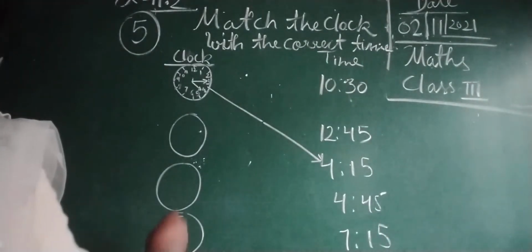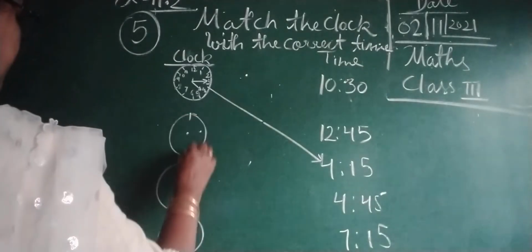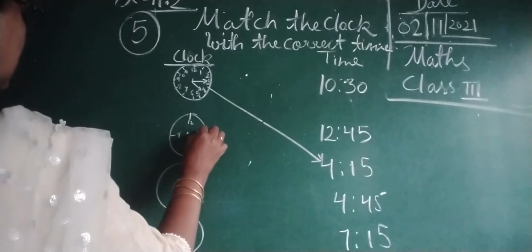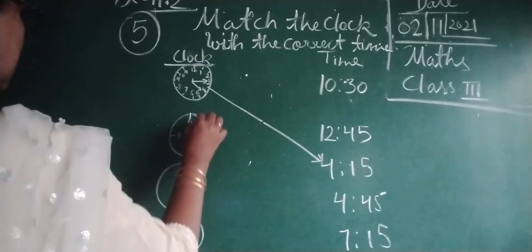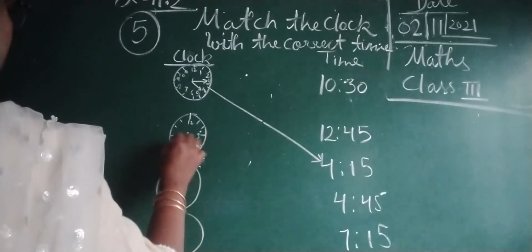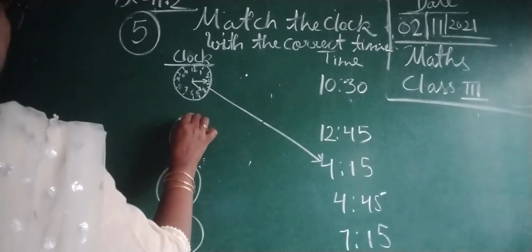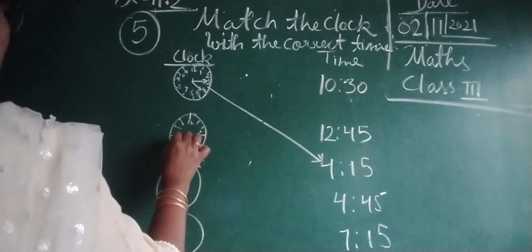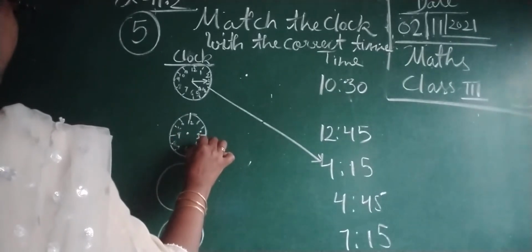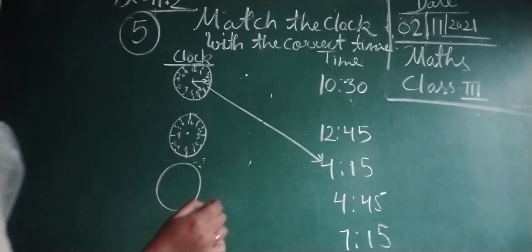Okay, now our next clock is 12, 9, 3, 6. Draw the numbers first. This is 11, this is 10, this is 8, this is 7, 6, 5, 4, 1, 2. Okay.